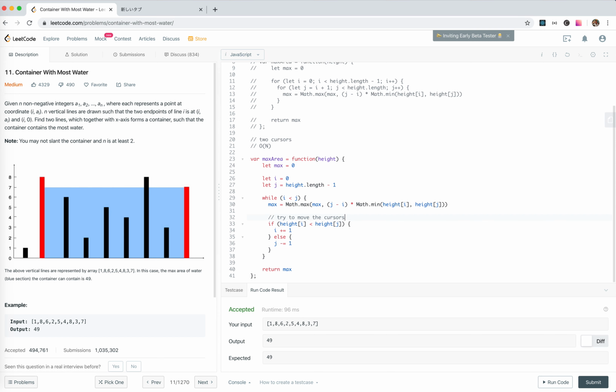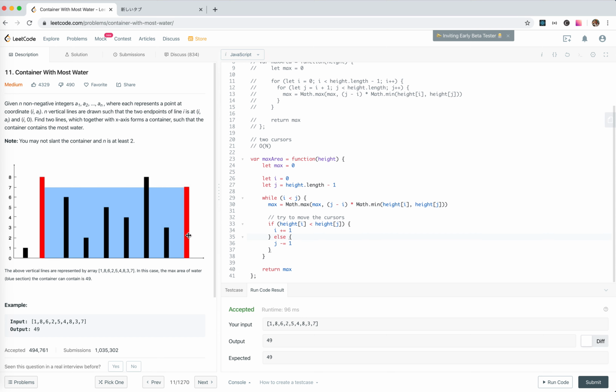Actually, I could improve the move here. If the next border is smaller than the current one, like from here to here, I don't need to calculate the container because it's definitely going to have less water.